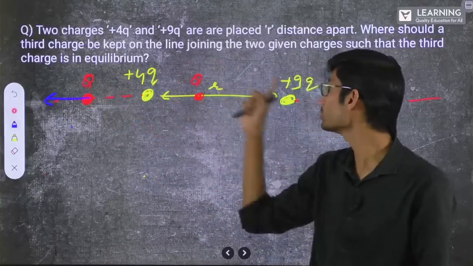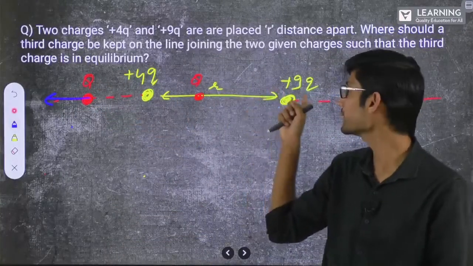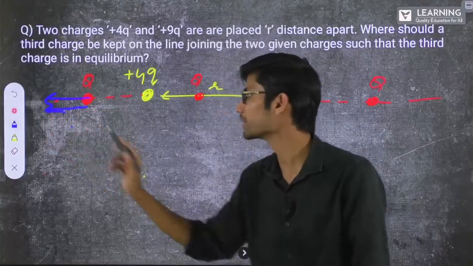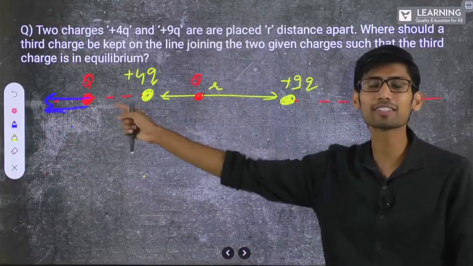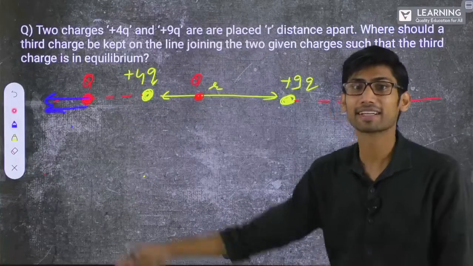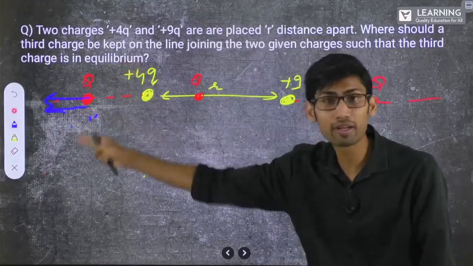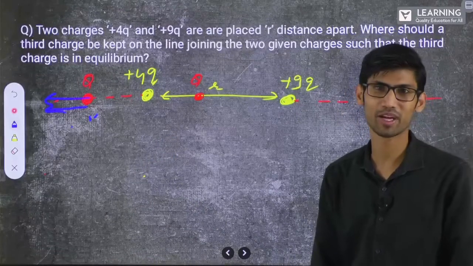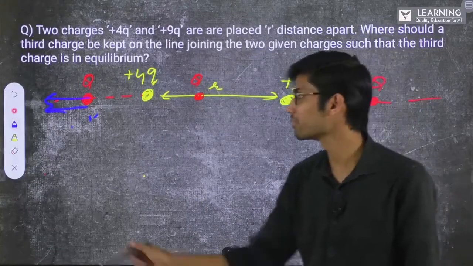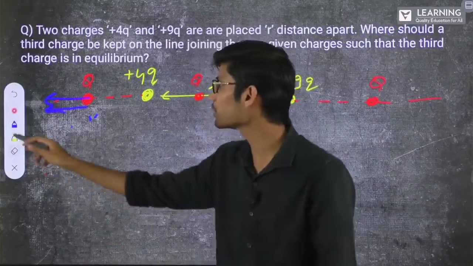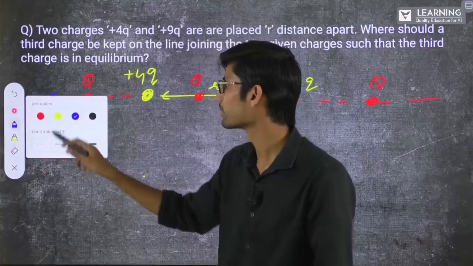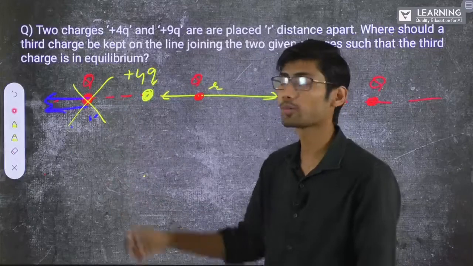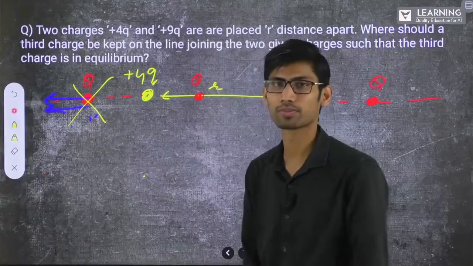Now, force on this due to this individually, again this is positive, this is positive, it will repel, this will be in this direction. Both the forces are in same direction. Can the net force on this charge ever be 0? It can never be 0. That means this possibility does not exist. It is not possible. We cannot keep the charge this side.